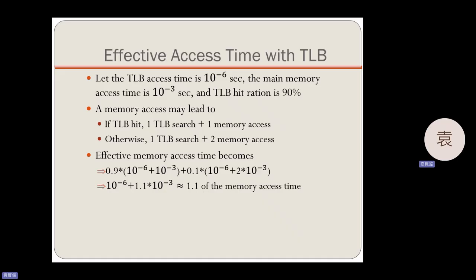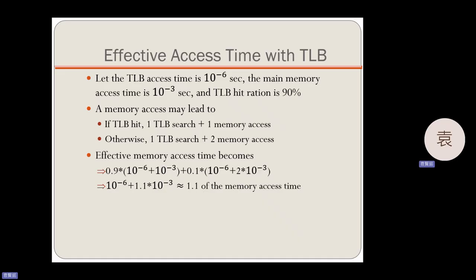A memory access may lead to a TLB hit, then we require 1 TLB search plus 1 memory access; otherwise we require 1 TLB search plus 2 memory accesses. So the effective or expected memory access time becomes 0.9 times (10 to the -6 plus 10 to the -3) plus 0.1 times (10 to the -6 plus 2 times 10 to the -3).